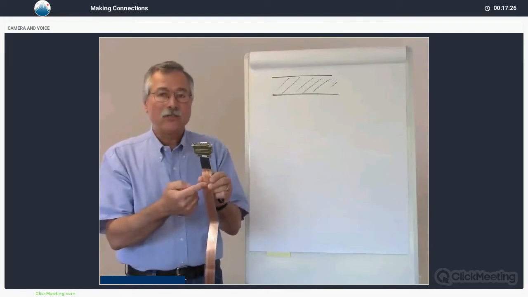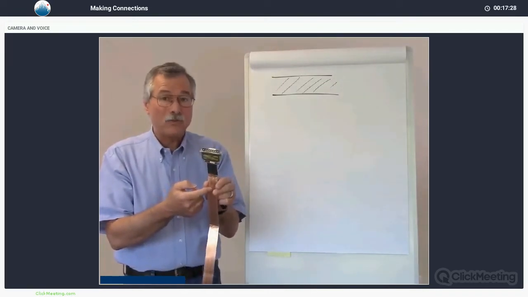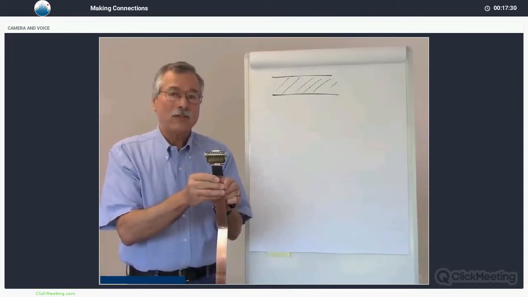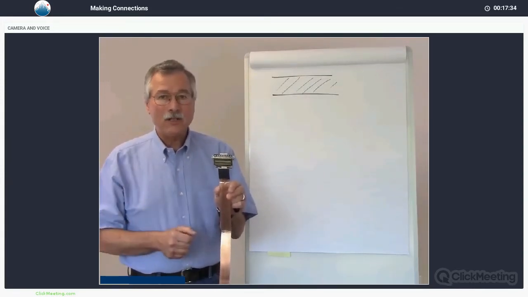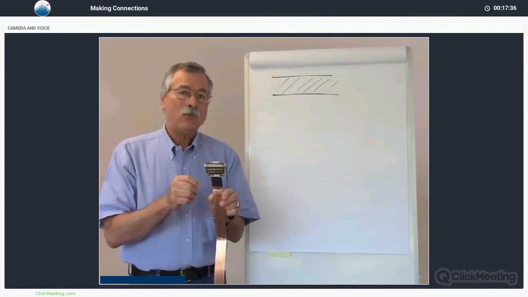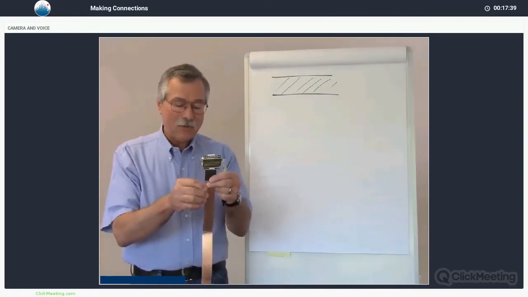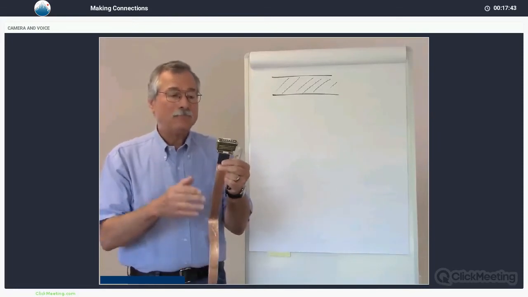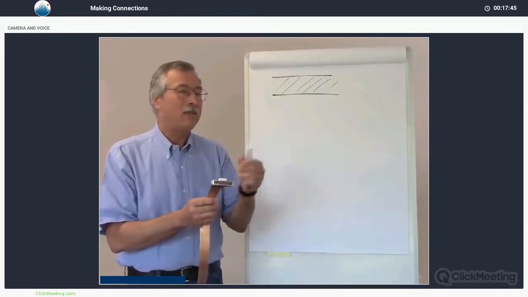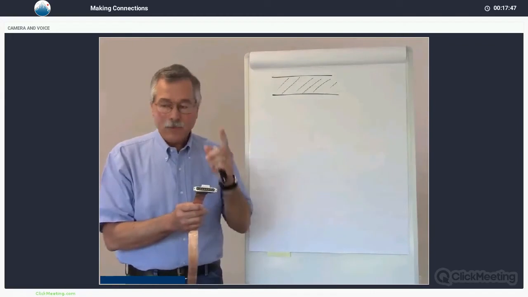The returning current generates a magnetic field in the reverse direction. Those two magnetic fields cancel. If you don't have a magnetic field, you no longer have an inductor. So the better job we do of keeping this cable flat, symmetrical, short, the less inductance we'll have and the fewer of these problems we'll have.